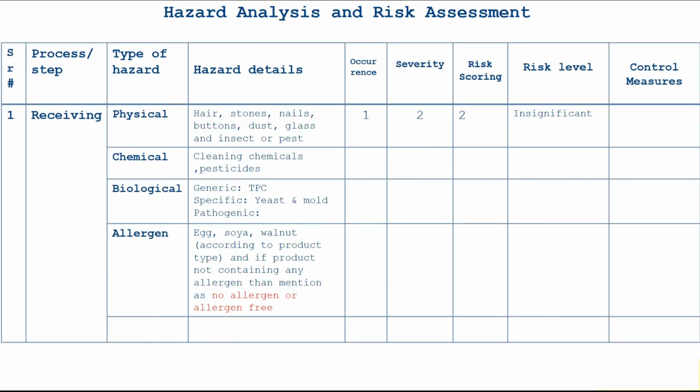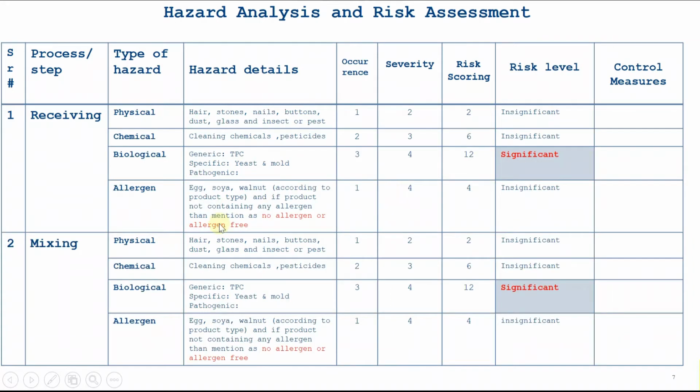I finished the format in my last video, which we have completed. After filling that, we will come up with insignificant and significant hazards. I just completed the two steps, so we can go with the next step. After analyzing hazards, we come up with significant and insignificant hazards. The CCP and OPRP are only applicable to the significant hazards, not the insignificant ones.